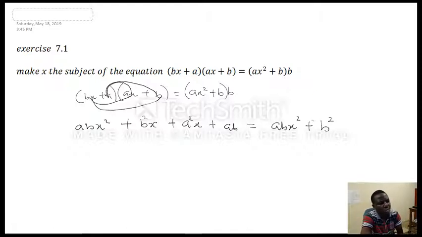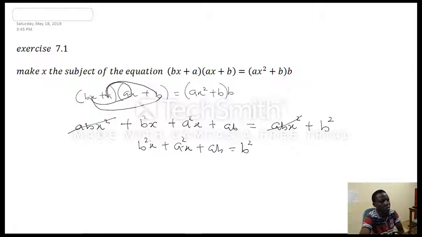Remember, we are to make x the subject of the formula, but since we have abx squared on both sides, they can cancel out by subtracting abx squared from both sides, leaving us with b squared x plus a squared x plus ab is equal to b squared.